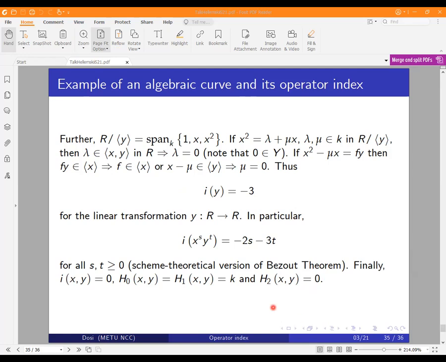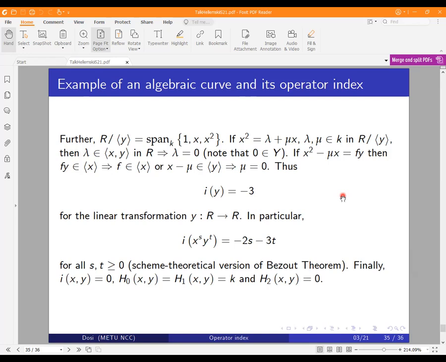All right. Thereafter you can calculate the index, for example, using the properties of the index. You can calculate the powers x to the s, y to the t, right? It's just using the scheme-theoretic version of the Bezout theorem. Bezout's number tells you that the sum of all multiplicities is the multiplication of the degree of the variety and the degree of this hypersurface.